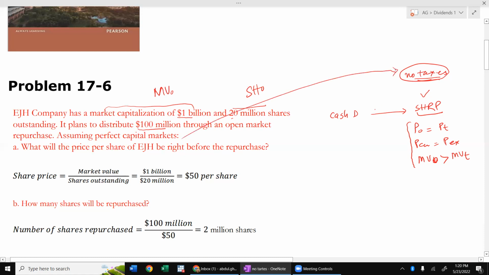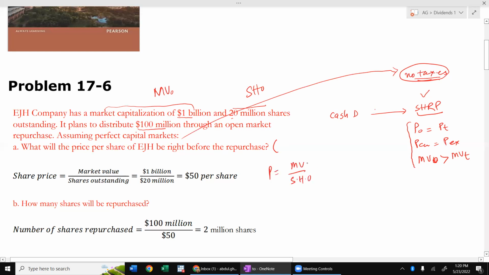Okay. So the question part A says, what will the price per share of EJH be right before the share repurchase? So it means before making the share repurchase decision, what is the price? So it's a very simple case. I told you price is always equal to market value divided by share outstanding.